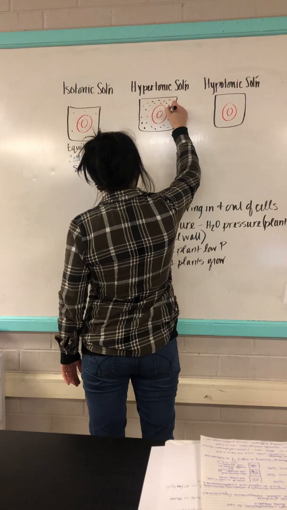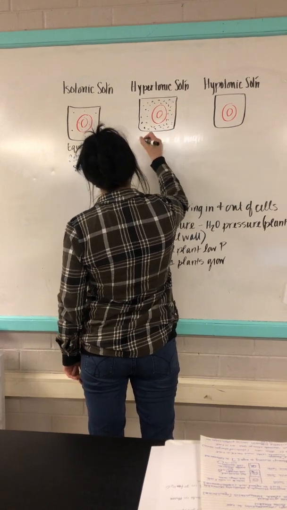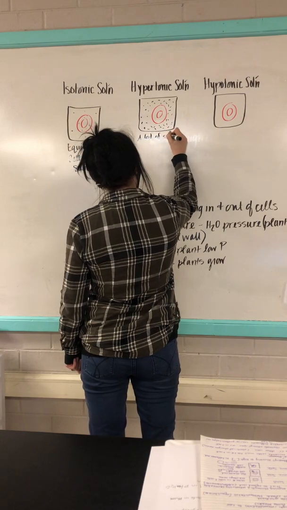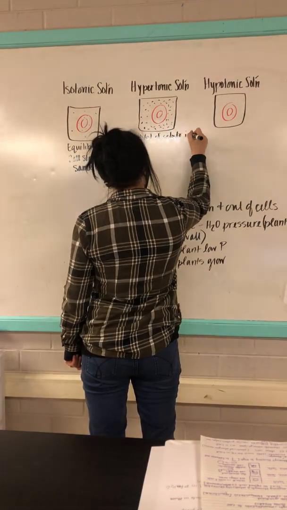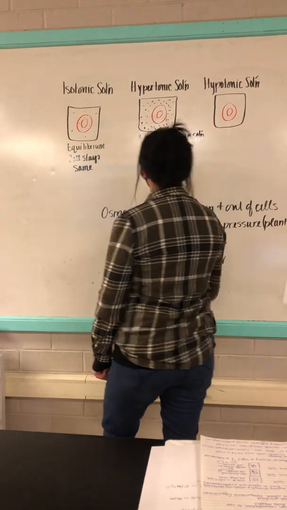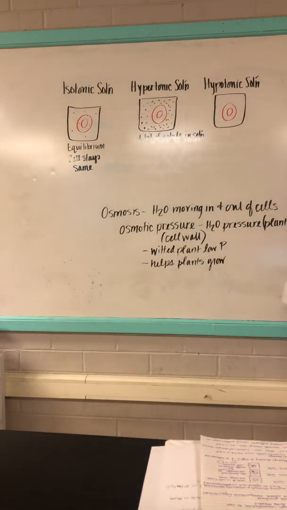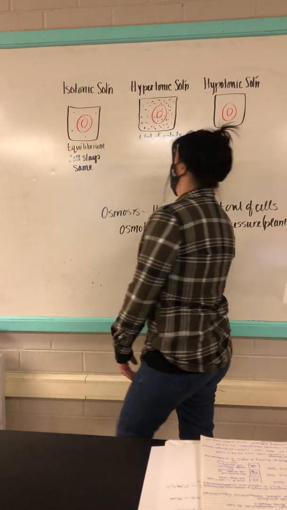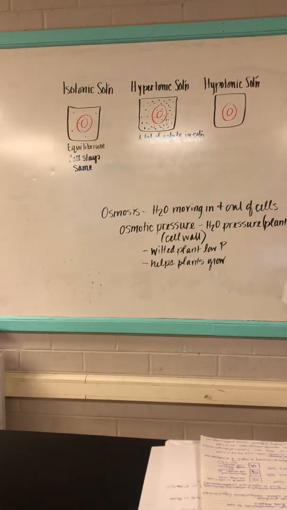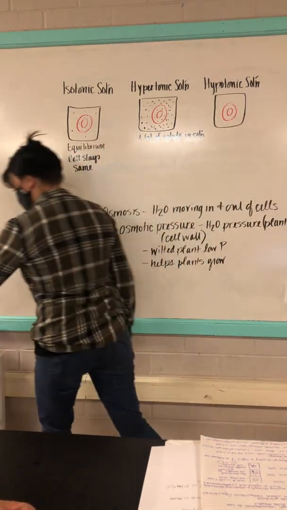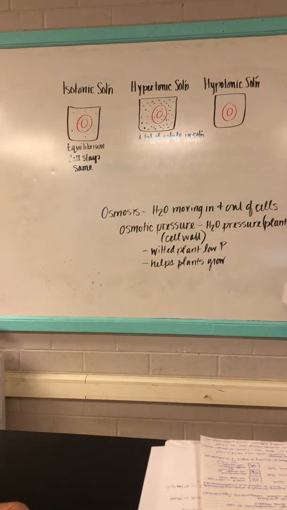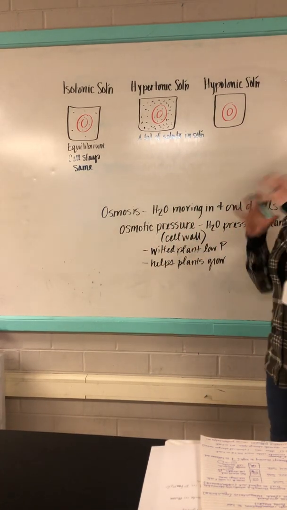A hypertonic solution has a lot of solute in the solution. So this water has a lot of salt in it, and the blood cell doesn't really have a whole lot in it. So in osmosis, water moves from the area where it's the most pure.